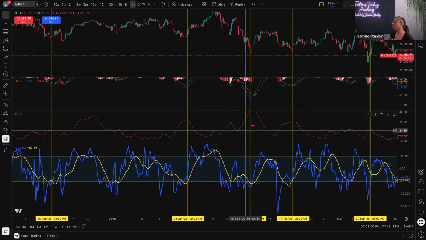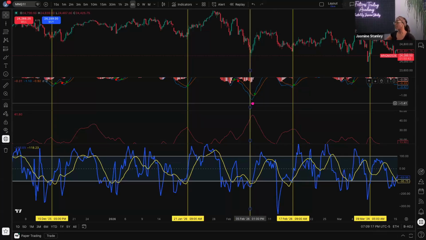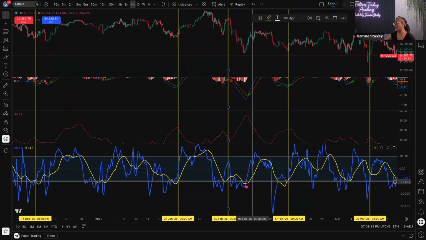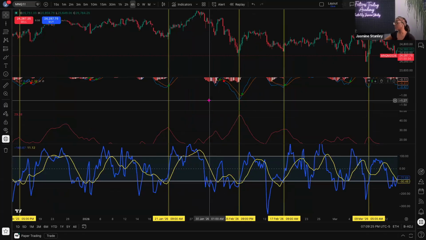But for me, as a brand new trader, all I need to know is when do I need to get in and when do I need to get out? So if I see these two little pinches, and my CCI is happening all at the same time, that is a signal to me that we are about to go up, and I need to be in the trade to buy.